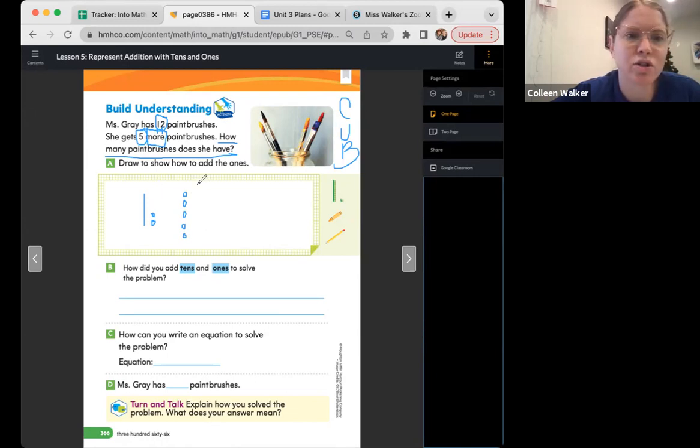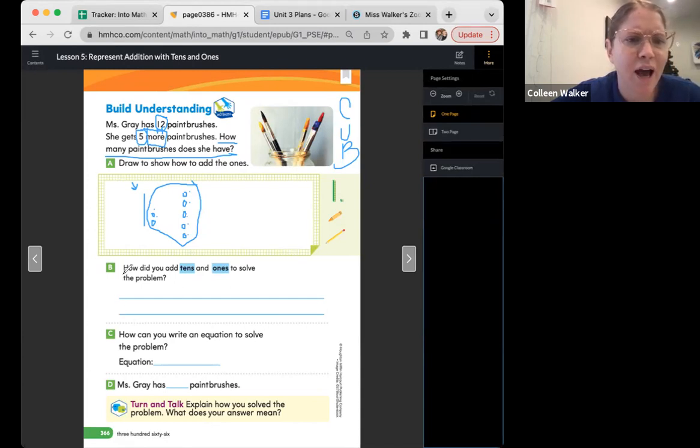So let's go ahead and circle all of the ones because we will count those up separately. So how many do we have right here? 10. Let's count on from 10. So what comes after 10? 11, 12, 13, 14, 15, 16, 17. So how many paintbrushes does she have? 17. That's right.